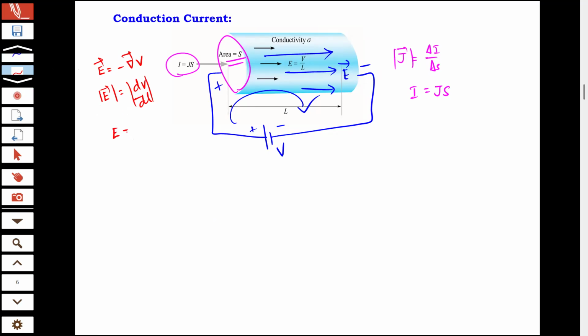So electric field can be given as potential over the length. Suppose the length of this particular conductor is L, then electric field can be given as potential divided by length L. Now with this, we can define the relation between the current density J and this electric field intensity, which you would have already learned.